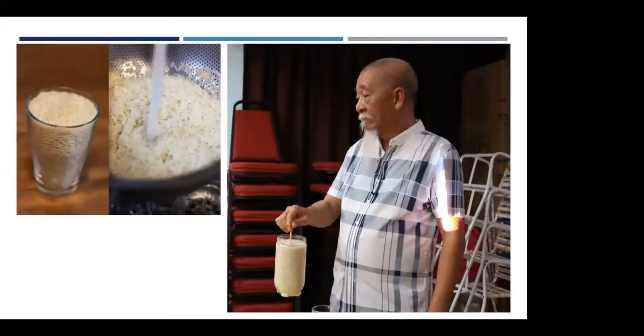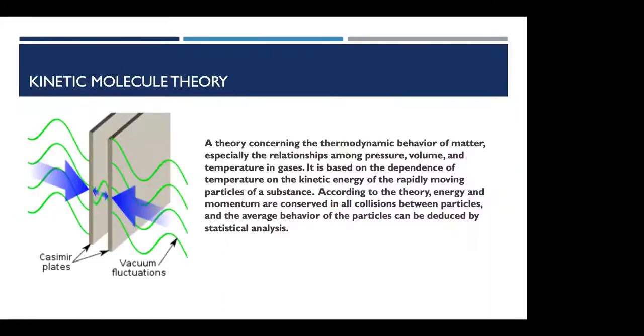You basically cannot see the qi at all, but it works marvels for good or for bad. I've shown you the qi, you cannot explain it and you cannot see it, but it works. This is what the kinetic molecular theory is about, because of the vacuum fluctuation in between the rice. It uses Casimir plates to prove it, which is equivalent to the grains of rice that we do.